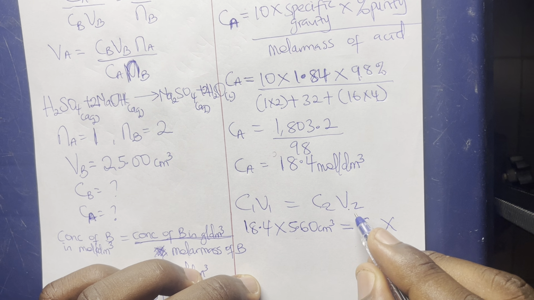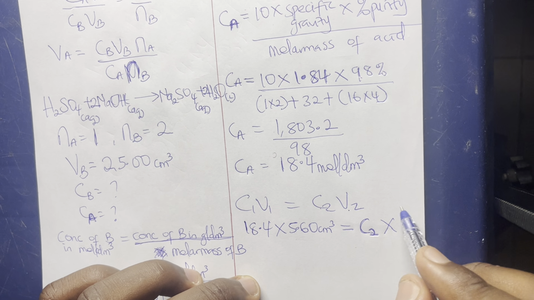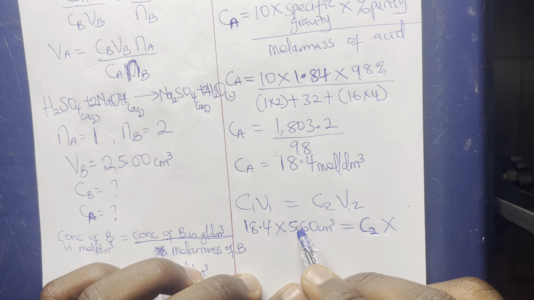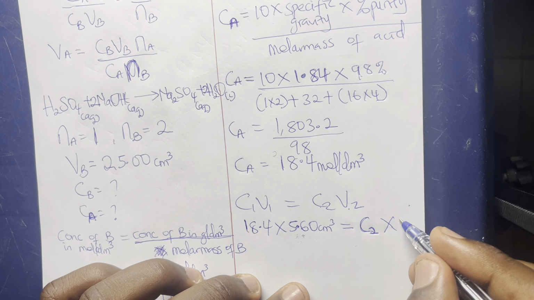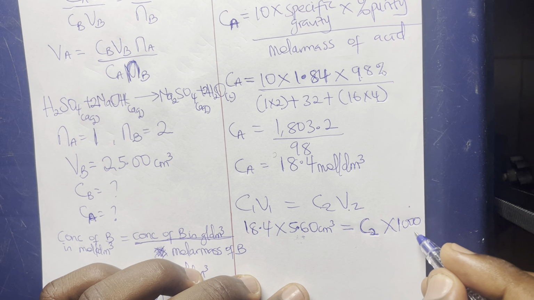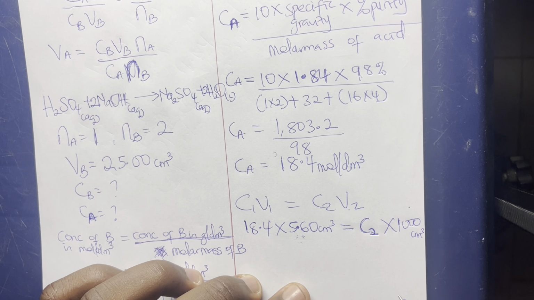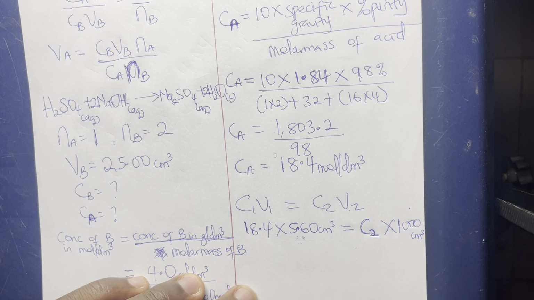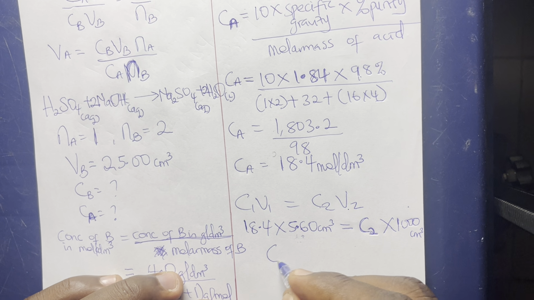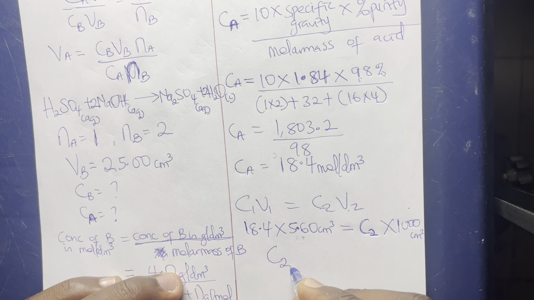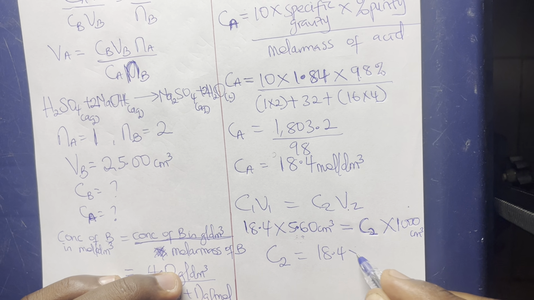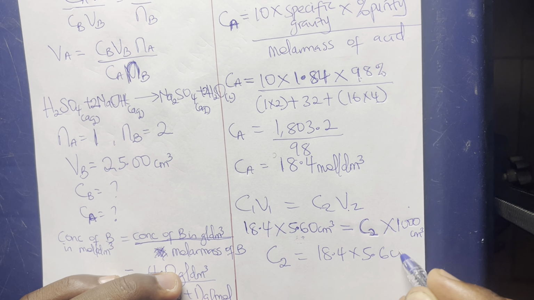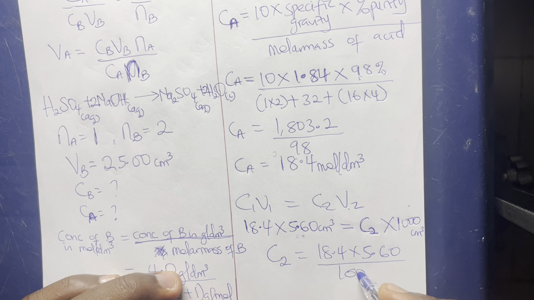So the V2, the total volume of both the distilled water and the concentrated acid, is going to be 1000 cm cube. As you can see, that will be 1000 cm cube. From here we can do the mathematics. Our diluted concentrated acid is going to be 18.4 multiplied by 5.60 all over 1000.